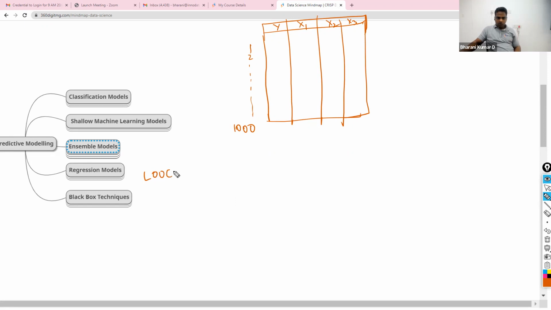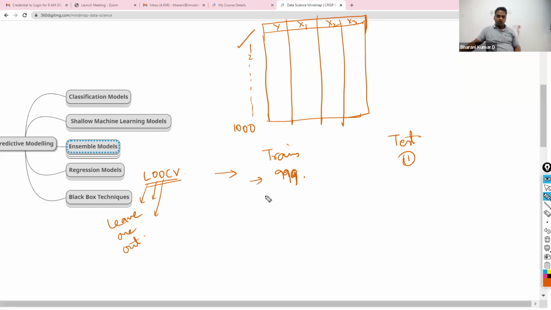Leave one out cross-validation is going to train your model on 999 observations. Only one is left out. One observation is left out for testing. That will be the first observation.